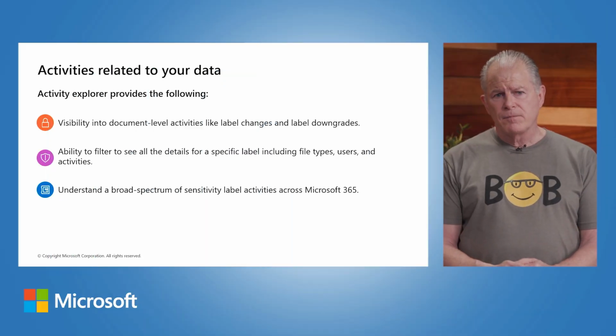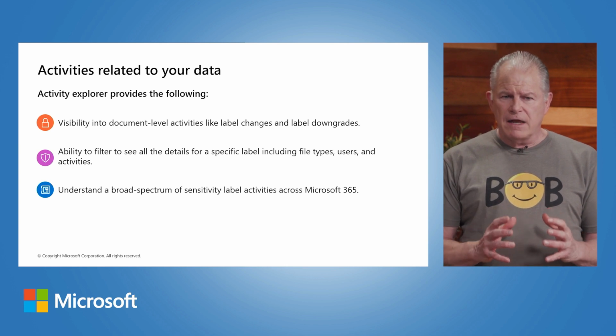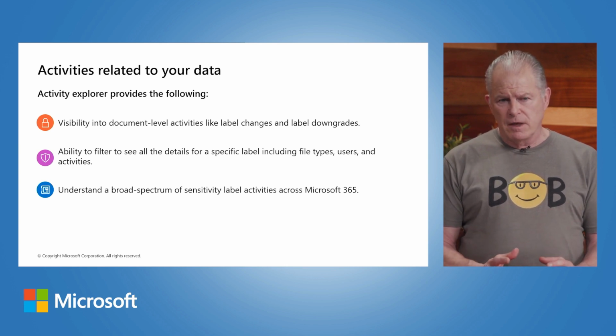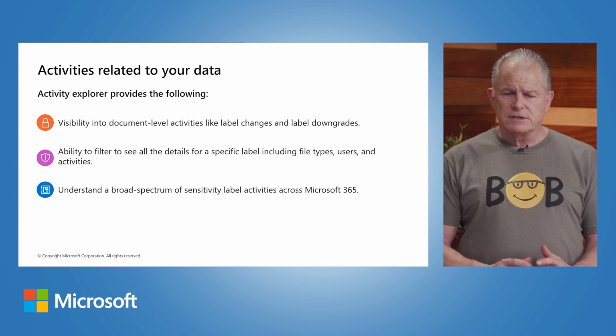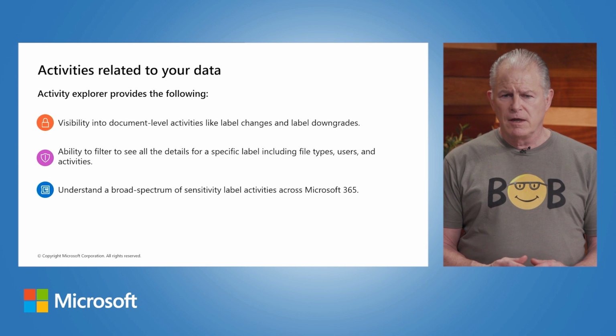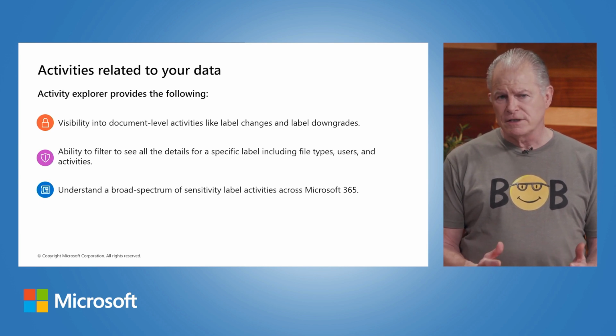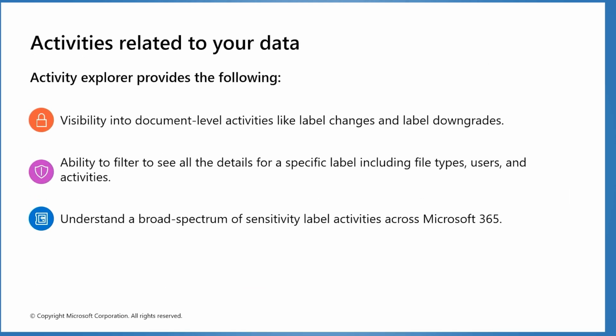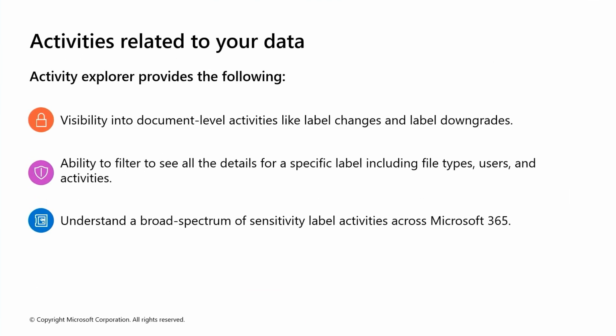So welcome back. We understand that information protection as a component of data governance is the first step that you should have in your information protection journey. Being able to classify and identify, based around corporate governance requirements, how data needs to be identified and then protected.